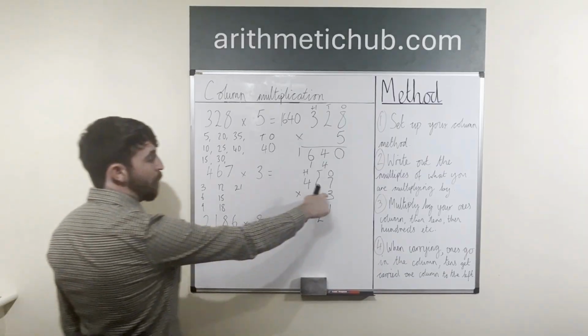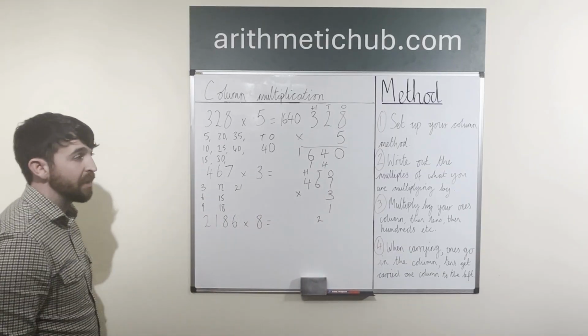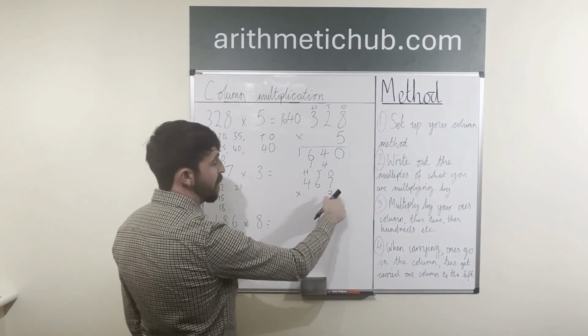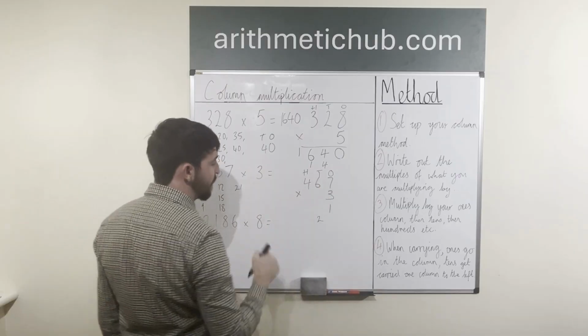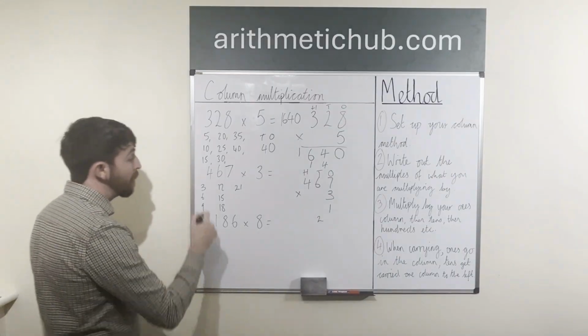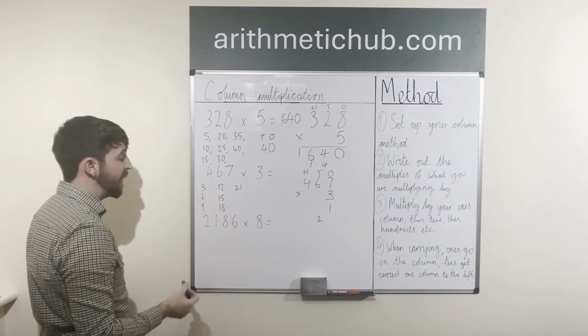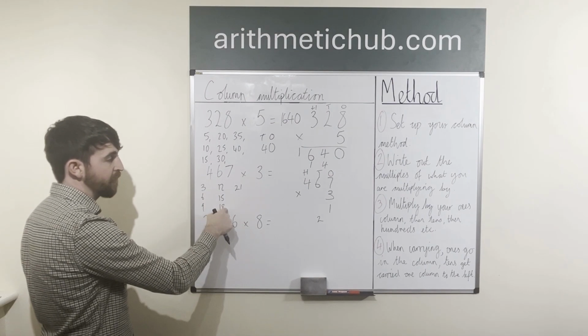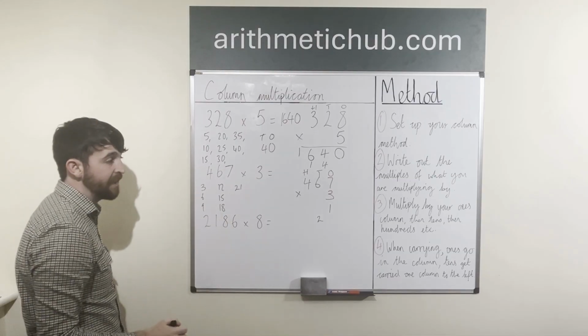Okay, now we've got 3 times 6 because we've done 3 times 7 or 7 times 3. So we move from our ones to our tens. 3 times 6 or 6 times 3. That's how to use the 3s we've got written over here to help us out. 1, 2, 3, 4, 5, 6. Okay, 6 times 3 is 18.